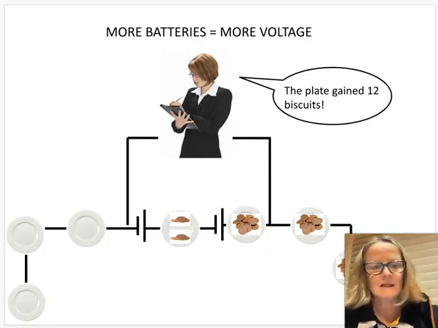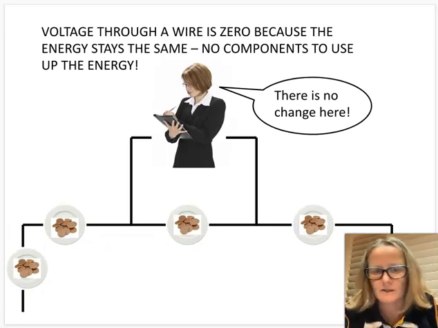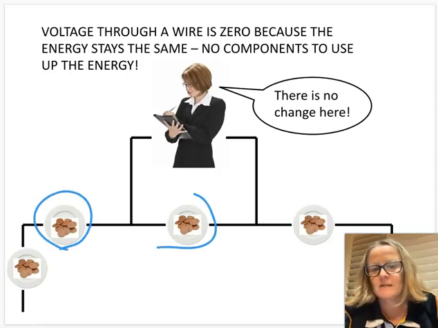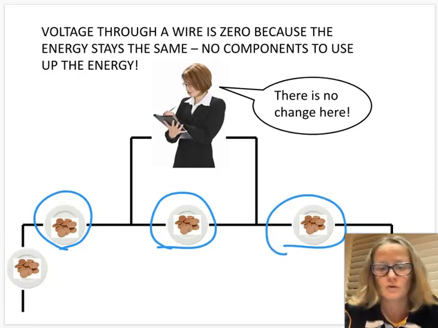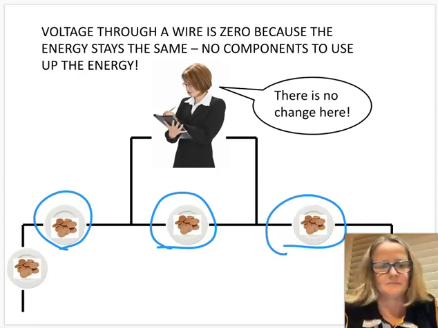And the last thing is, if Mrs. Volt has a look at what happens in wires, you will notice that wires, 12 biscuits, 12 biscuits, 12 biscuits, wires do not use up voltage. So there's no change. If there's no component, you do not lose any voltage.